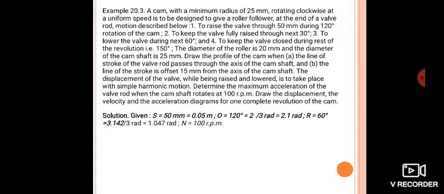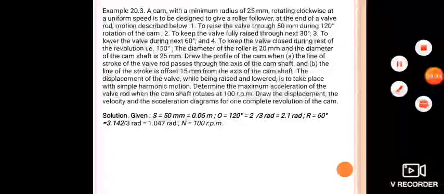Determine the maximum acceleration of the valve rod when the cam shaft rotates at 100 rpm. Draw the displacement, velocity and acceleration diagrams for one complete revolution of the cam. So this is the given problem.